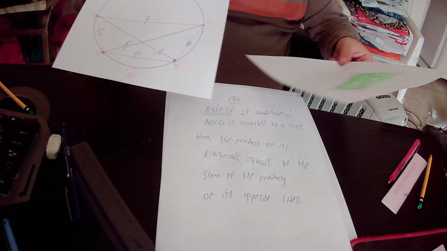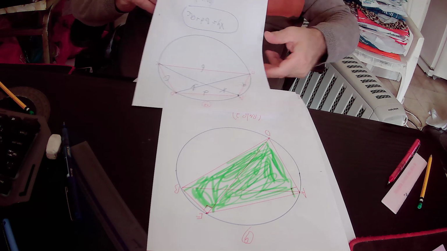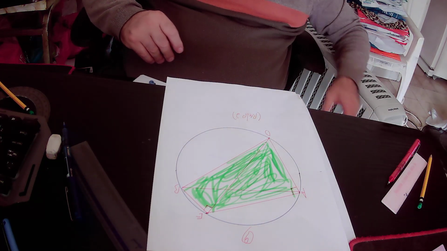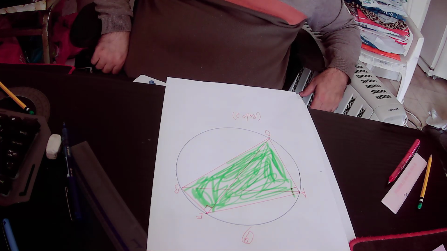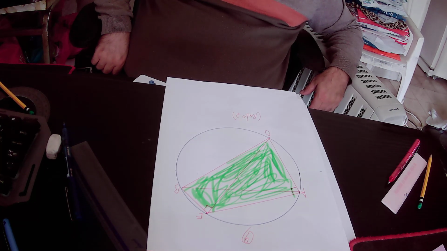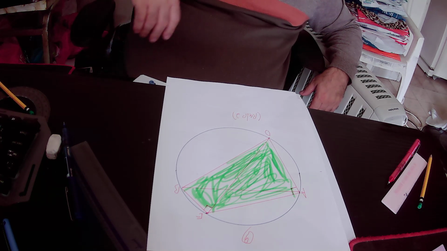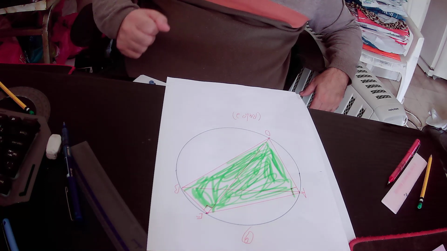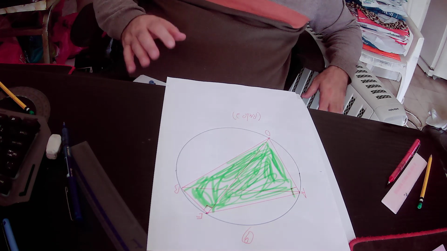So this is our drawing, and first of all we will check if we can implement rule number 3 in our drawing. Actually, we can, because in our drawing we have a quadrilateral that is inscribed by a circle. Whenever you have a quadrilateral that is inscribed by a circle, then you can implement rule number 3 in this drawing.